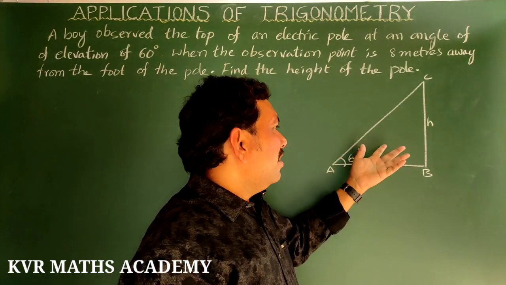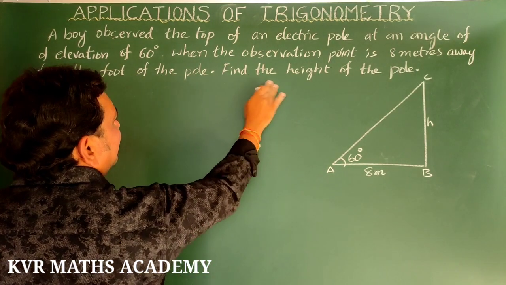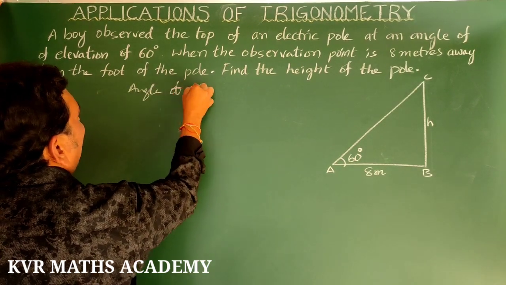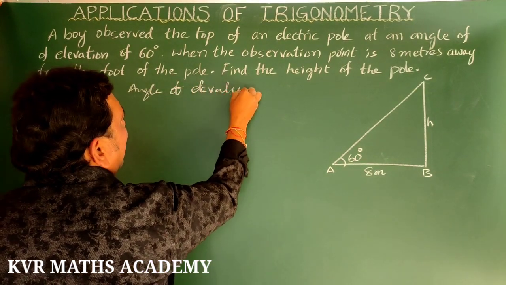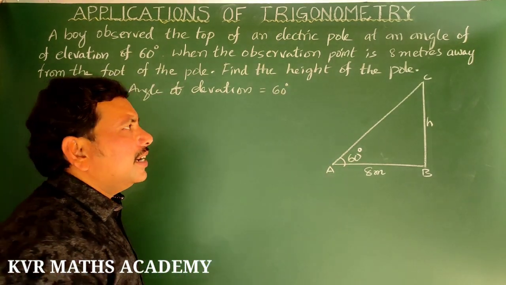First, write all this. Given: angle of elevation is equal to 60 degrees, angle A is 60 degrees.